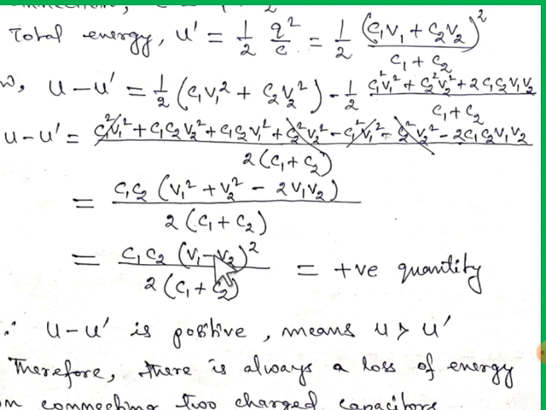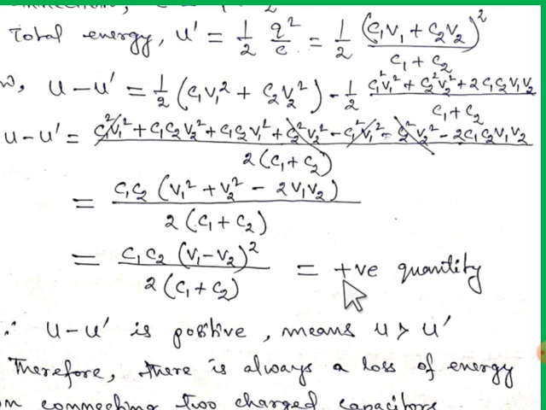Got it? Then what happened? This is a square term, and your capacitance will never be a negative quantity. From this resulting equation, we come to the conclusion that this last expression after simplification will always be a positive quantity.